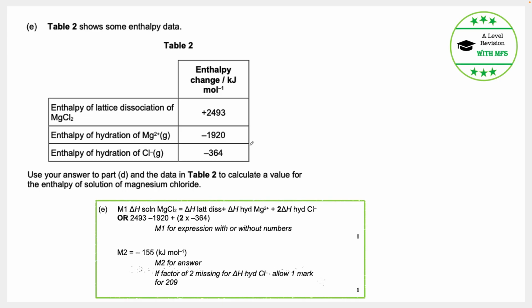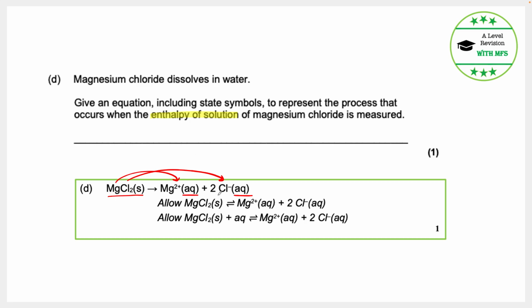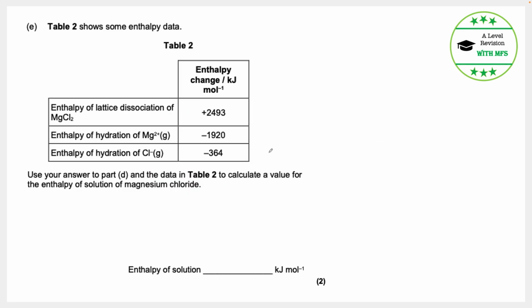So again, the enthalpy of lattice dissociation, add the enthalpy of hydration of magnesium ions, add 2 lots of the enthalpy of hydration of the chloride ions. Now this is because if we go back to the equation that we had, we have 2Cl minus. 2Cl minus means that we need to multiply this value by 2.